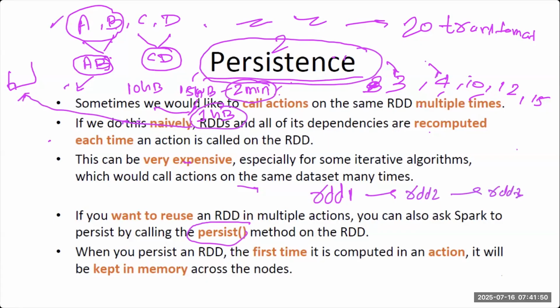I want to save RDD three, so I will do RDD3.persist. Then it will save it. After that, if I want to do something on RDD3, I can directly use it. I do some transformation and get RDD4. It will store it somewhere in memory, and if I need it in other places, I will just directly read that RDD and use it.